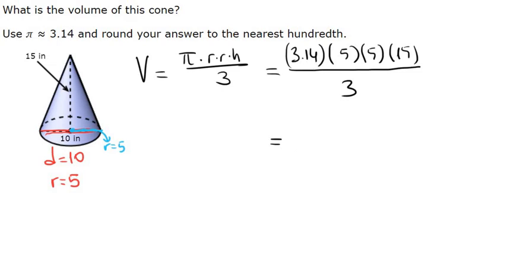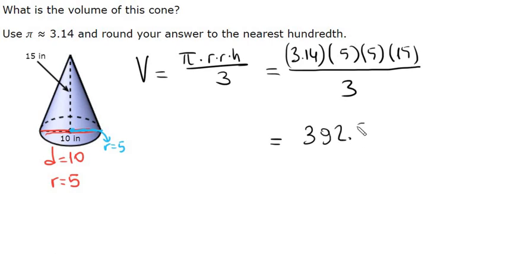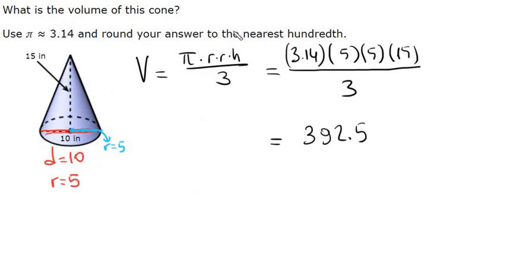So let's find 3.14 multiplied by 5, and then multiply by 5, and then multiply by 15, and we're going to divide this by 3. That's going to be 392.5 cubic inches.